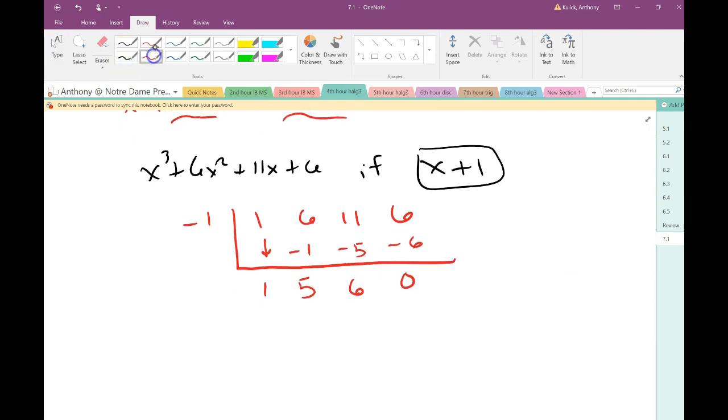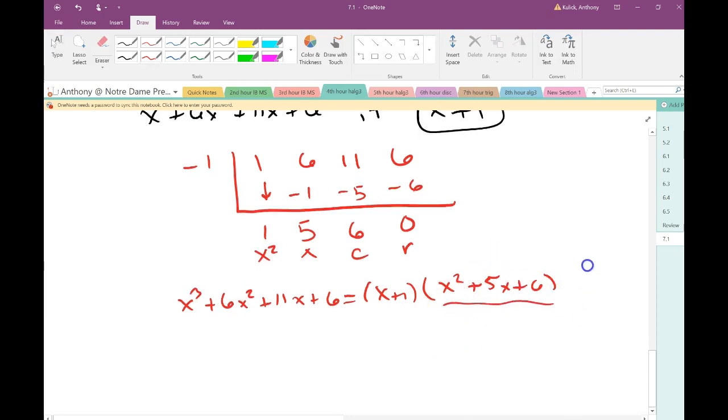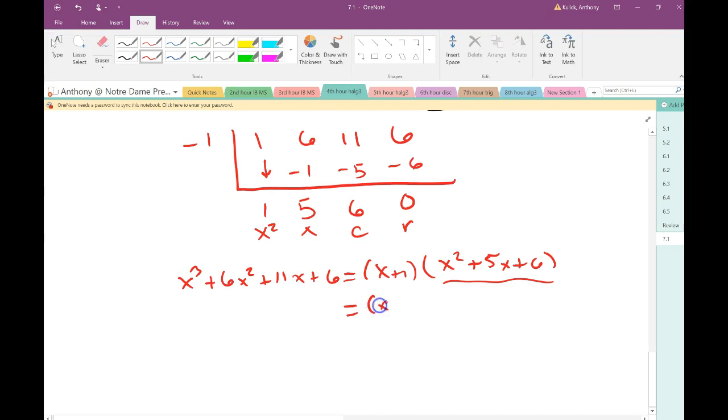What that division allowed me to say is that x cubed plus 6x squared plus 11x plus 6 factors to x plus 1 times x squared plus 5x plus 6. Again, the remainder, constant, x coefficient, x squared coefficient. And then this piece I could factor, and it just factors to x plus 2, x plus 3.